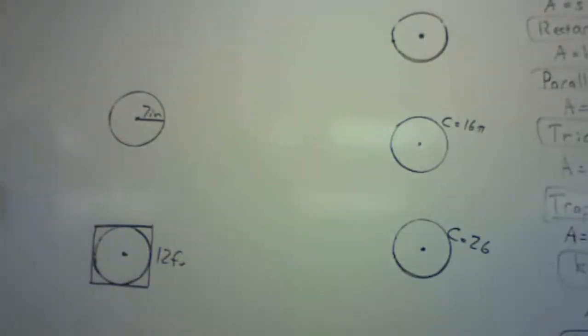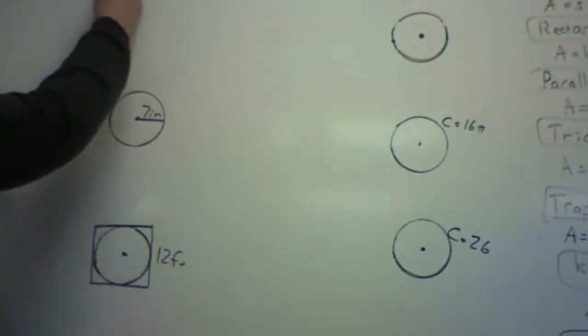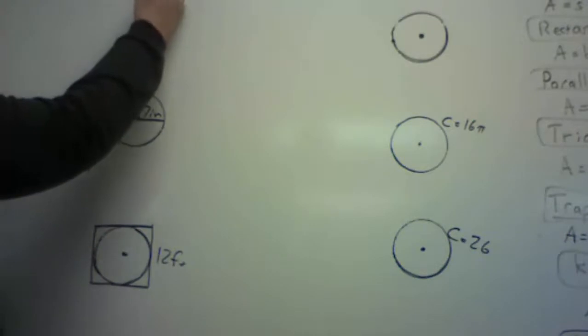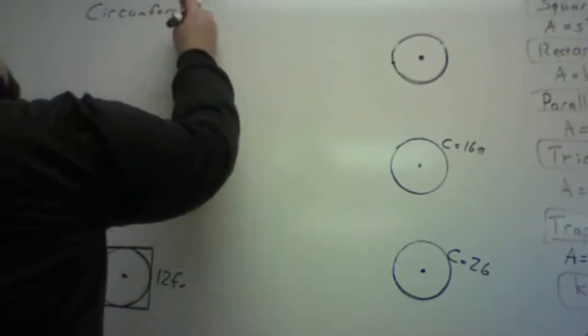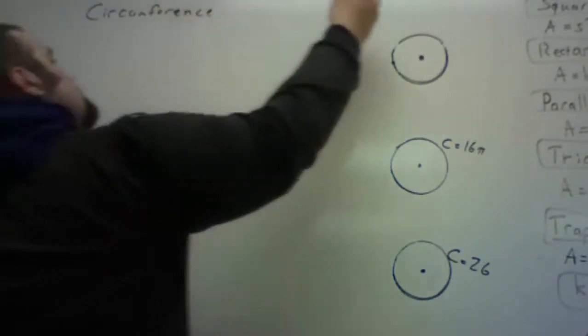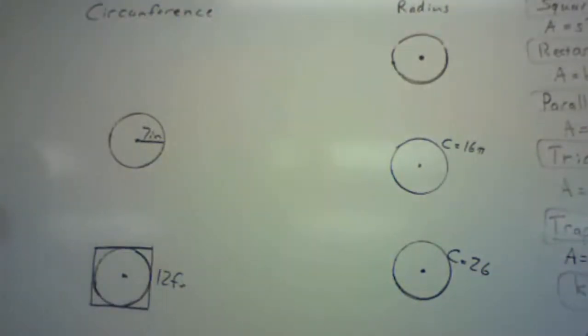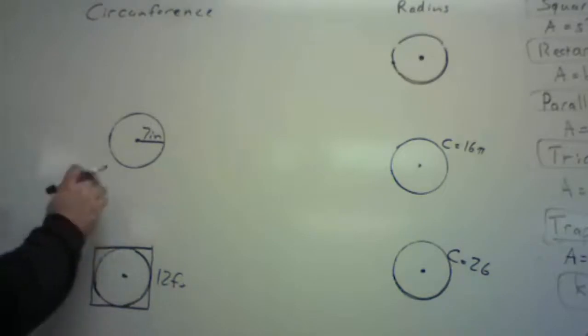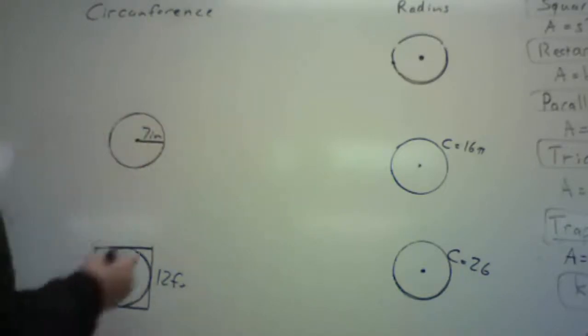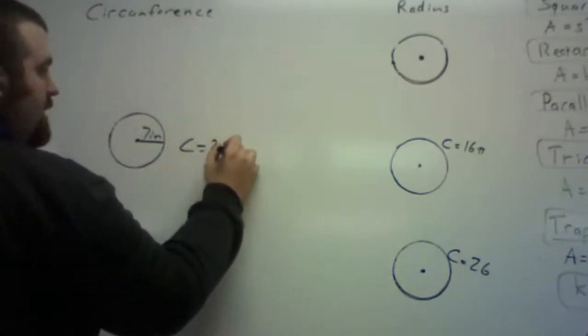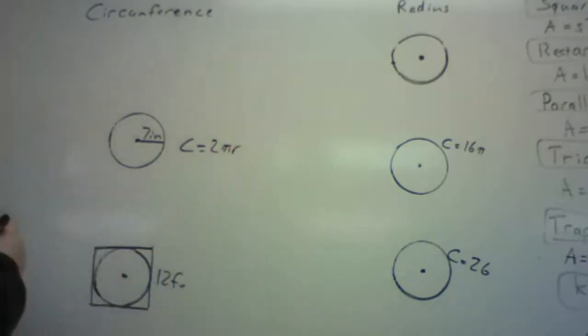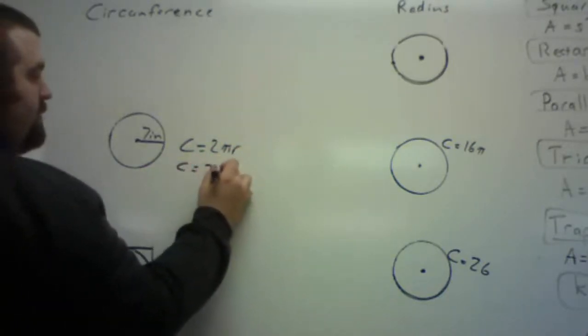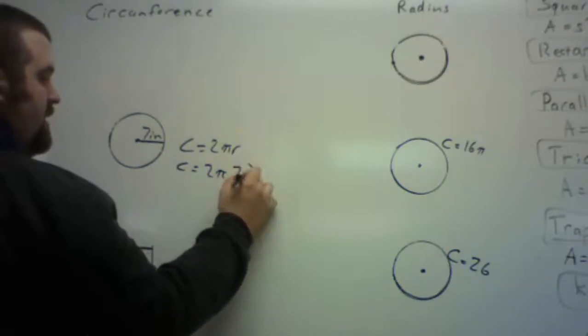Alright, so this one they're still looking for circumference, and the red ones, they are looking for the radius. So if I look, circumference of a circle, I have 2 pi r or pi d for my options. I'm given the radius, so C equals 2 pi r makes more sense. So C equals 2 pi times 7 inches.